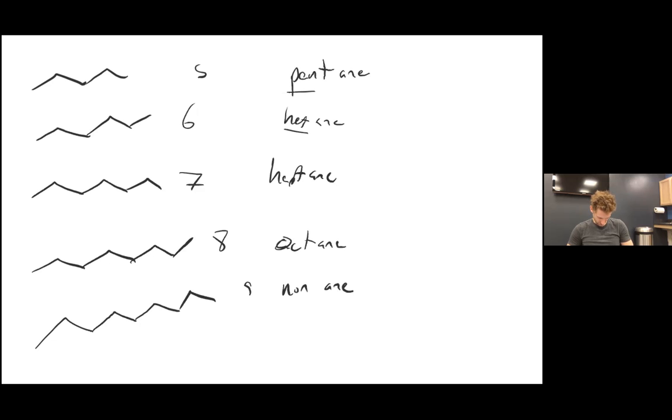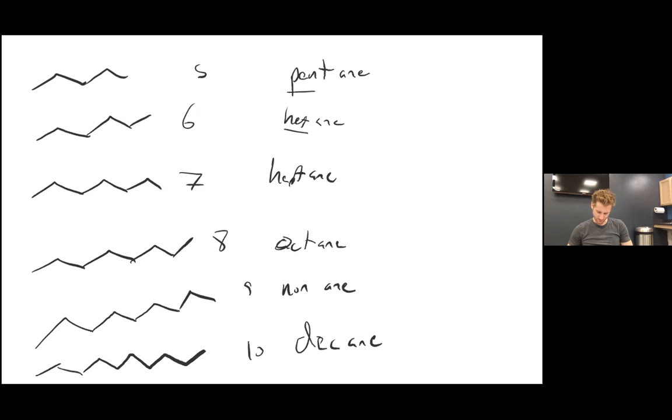And 10, which is 1, 2, 3, 4, 5, 6, 7, 8, 9, 10, is going to be decane. So starting at 5 and going through usually makes a little bit more sense. The first 4 of them are a little bit odd. Meth, eth, prop, and but don't really fall into the normal Roman prefixes.